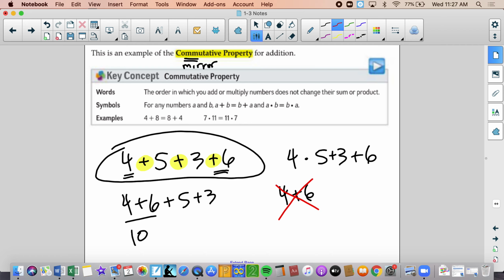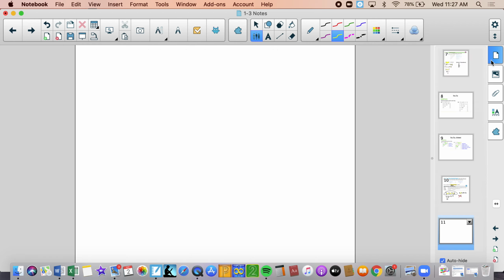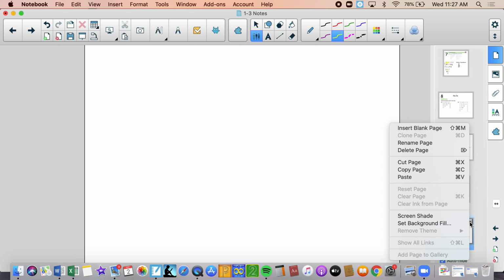We can't do that because they're not all the same. It has to be all addition for us to be able to use the commutative property. And this is the commutative property of addition. There is also going to be a commutative property of multiplication.